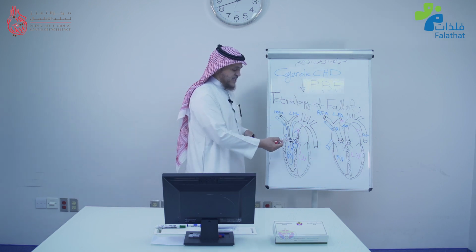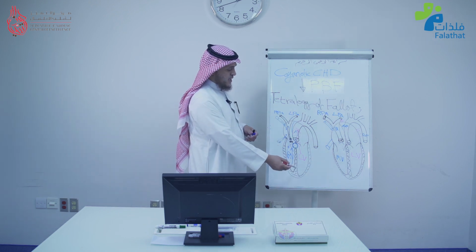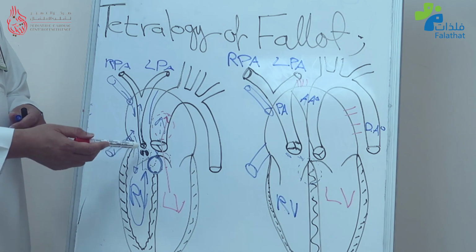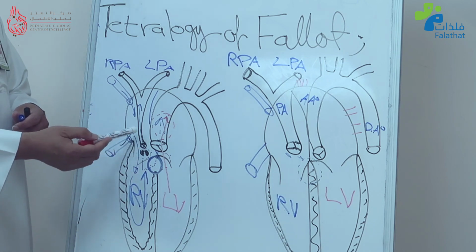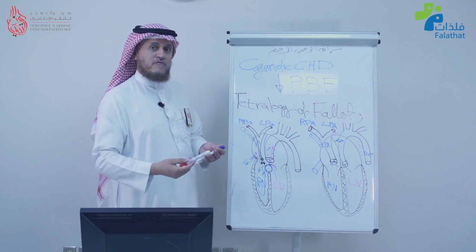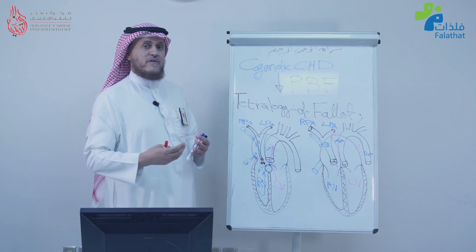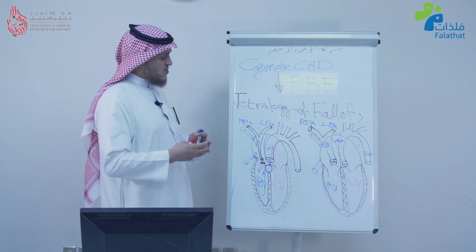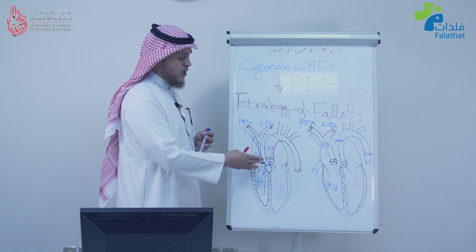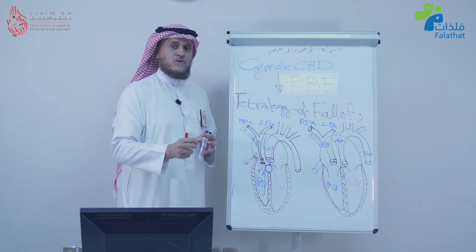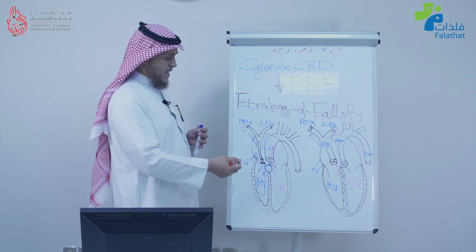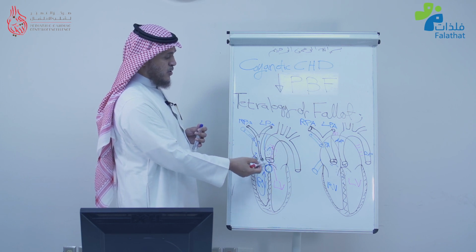So the second, as I said, is the hypertrophy, and the pathophysiology here of stenosis may continue to develop into even pulmonary valve atresia. That means really no flow will go there because of the severe or critical stenosis and the severe subpulmonary stenosis.